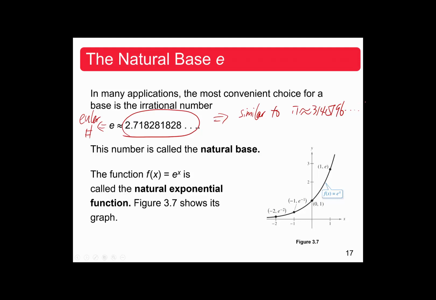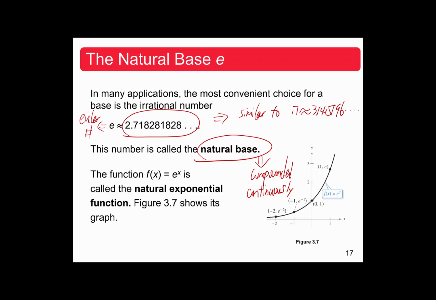And the base is called the natural base. So anything compounded continuously, meaning anything increasing at a continuous pace or decreasing continuously, we can use an exponential function with base e to model it.